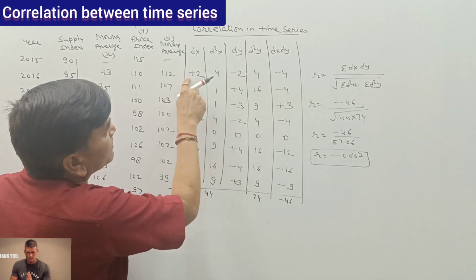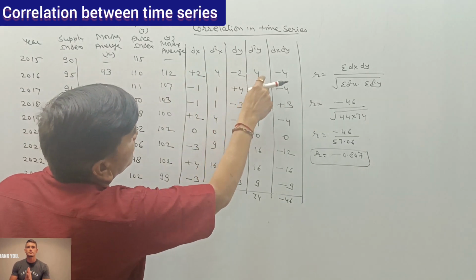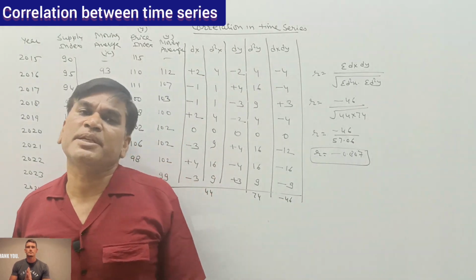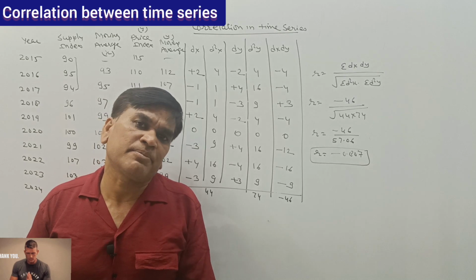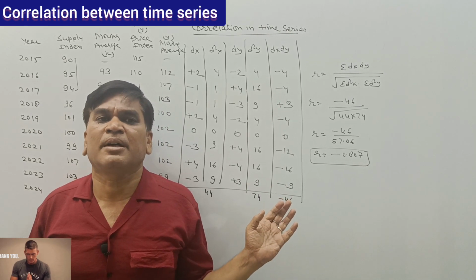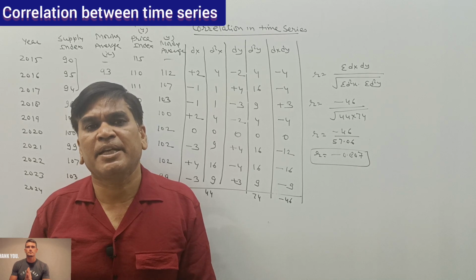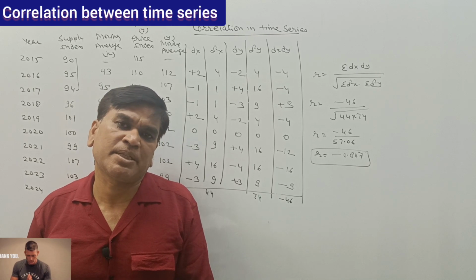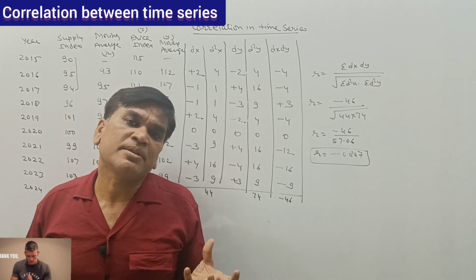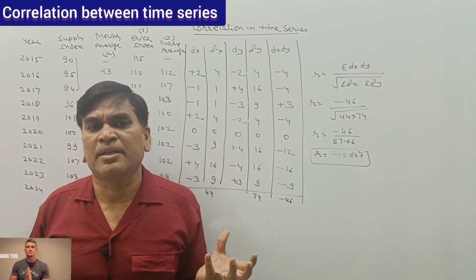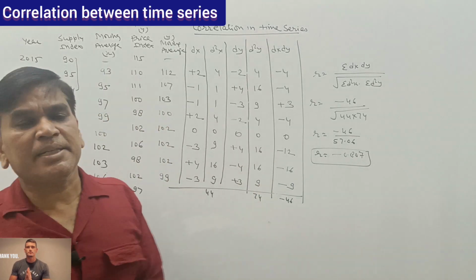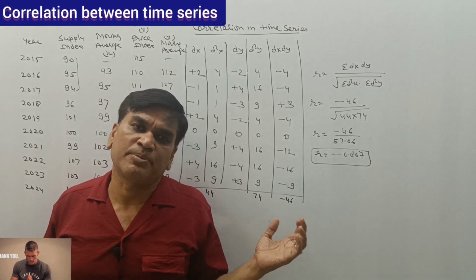We get dx, d square x, dy, d square y and dx dy. Then the formula is the same as the Karl Pearson direct method for the coefficient of correlation: r is equal to sigma dx dy divided by under root of sigma d square x and sigma d square y. The same formula is used to calculate the correlation coefficient in time series data, and easily we get a higher degree negative correlation between both of the series.